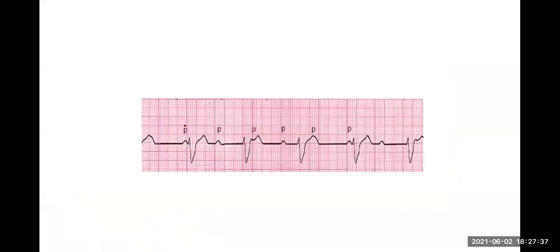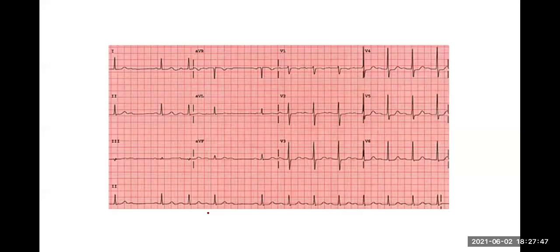Look at this: the P wave and QRS, there is no relationship. The PR interval changes. But here it doesn't. In a type 1 it's different, because it prolongs. Here it doesn't change.